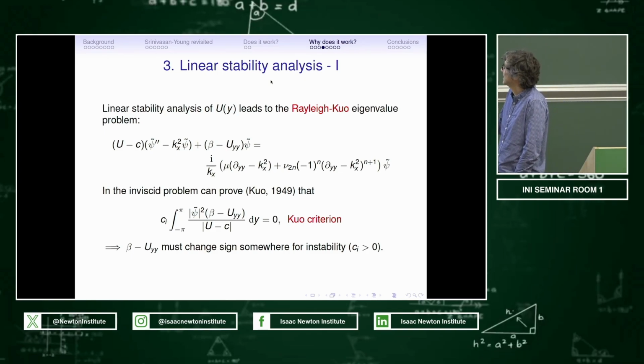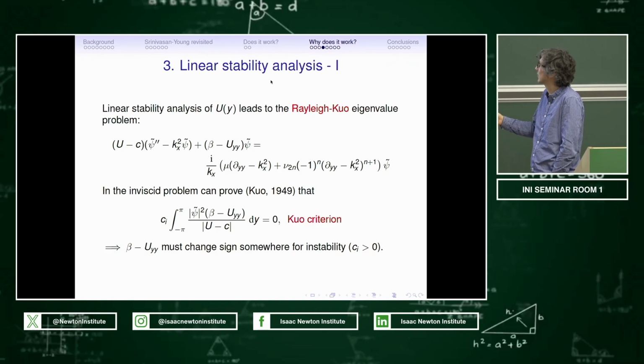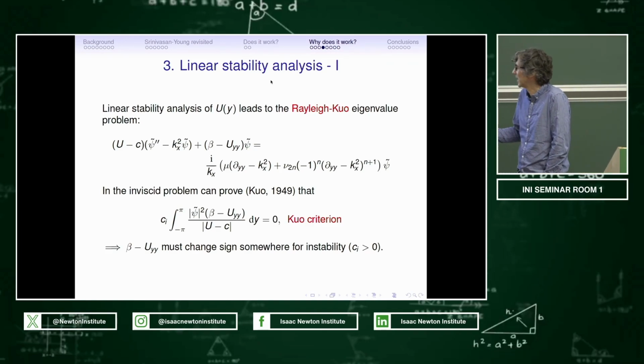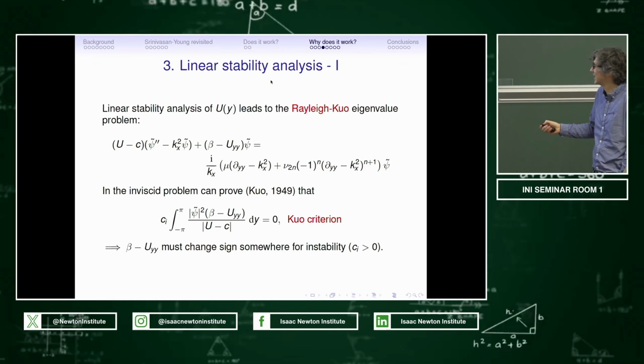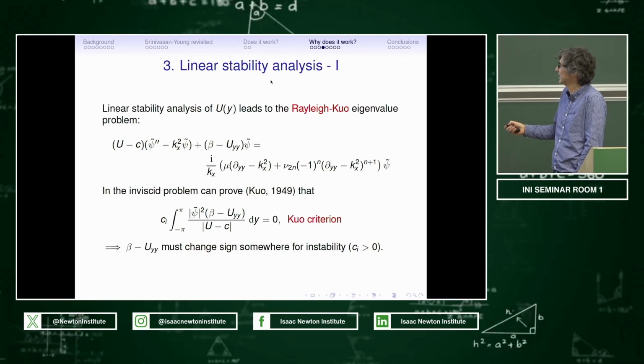If you set all the dissipation to 0, you can prove a necessary condition for instability called the Rayleigh-Kuo criterion: the absolute vorticity gradient, beta minus uyy, must change sign somewhere in the flow for instability. Otherwise, the imaginary part of this eigenvalue has to be 0.